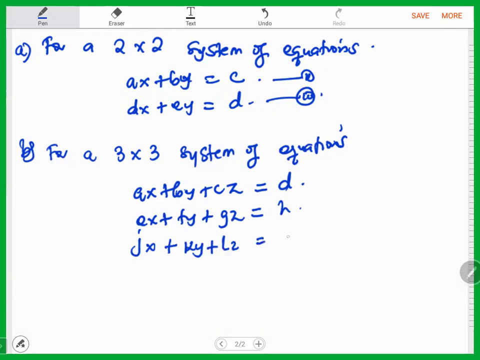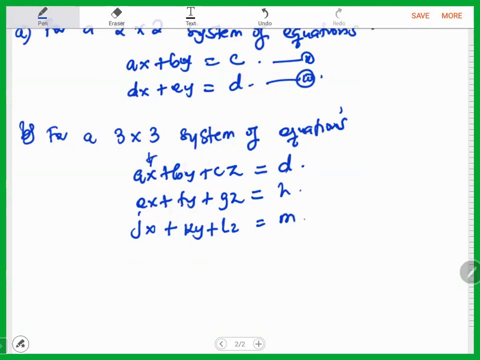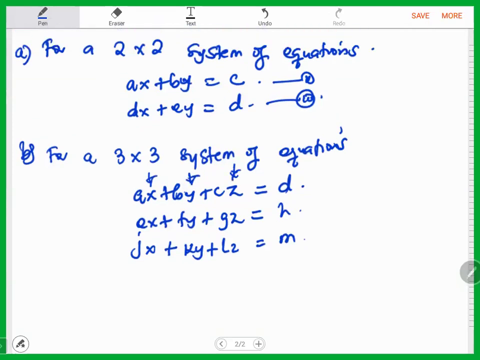That is a system of 3 by 3. But you expect that in the first position, you have x, in the second position, you have y, and third position, you have z. Similarly, up here, x and y. So they will always be formed in that same order.